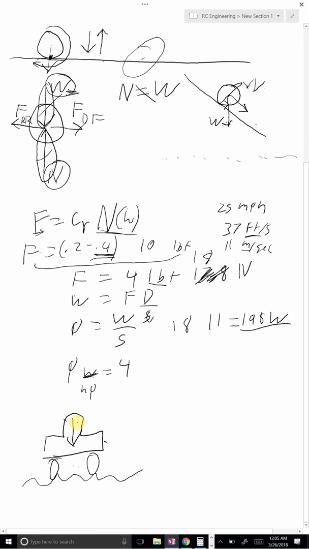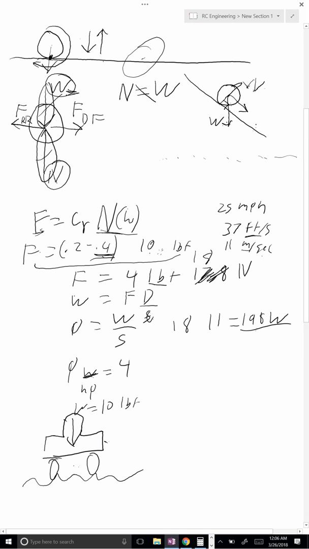So we have our weight. Our weight is equal to 10 pound force. It's okay, because we converted pound force into newtons. That's fine. This number seems a little high, so I might have done something wrong here, but whatever.